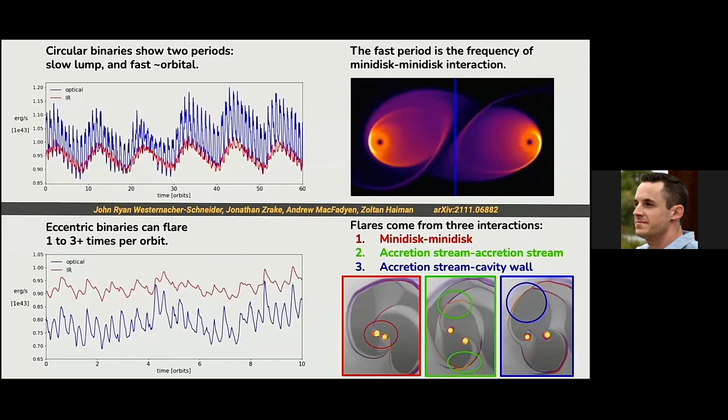The fact that they precess in the retrograde direction, we currently think this has to do with the fact that the disk has a finite scale height. So if I can paint a rough picture, in these simulations we use a softened gravitational potential.